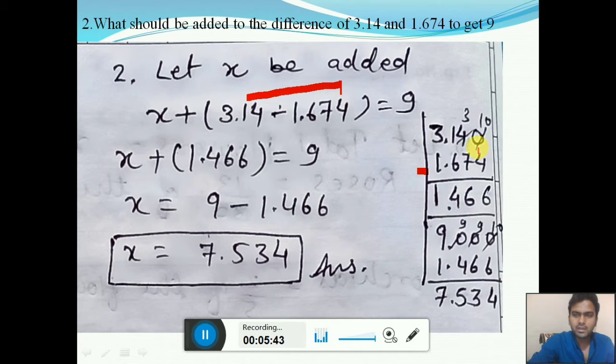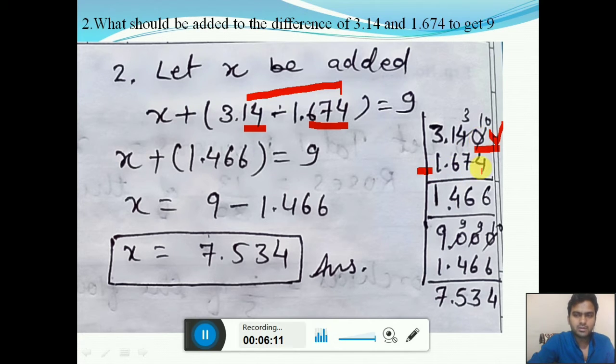How did we get it? Now 3.14 has only two digits after the decimal point, so here we will put a 0. In the first video of this chapter, I told you how to make like terms. So here are two digits and here three digits, so we will add a 0 at the end of the first number. Now we will subtract these two.